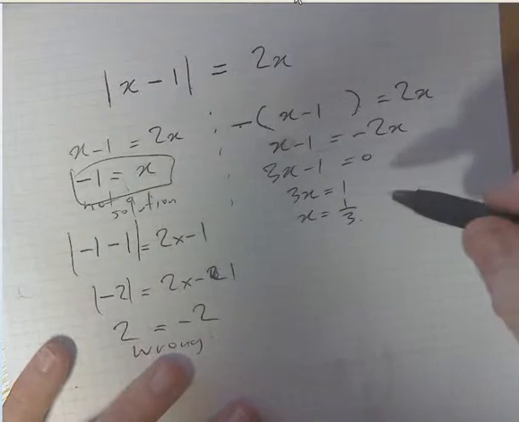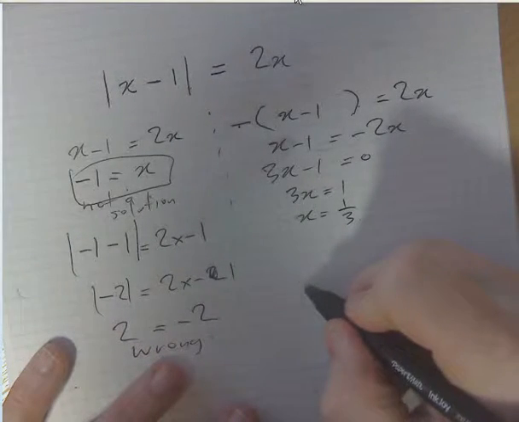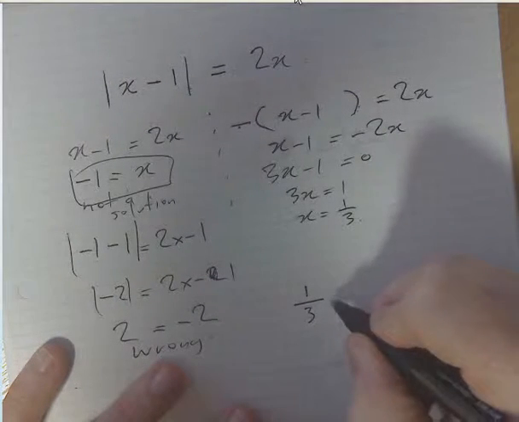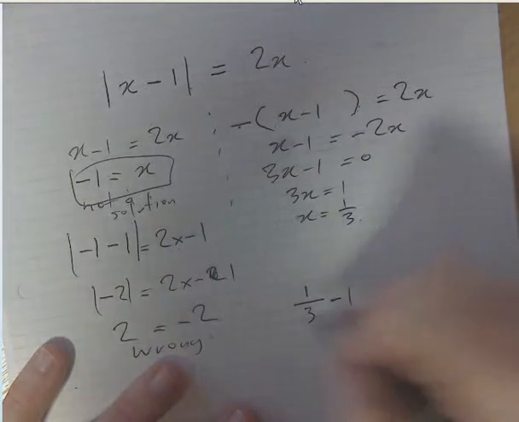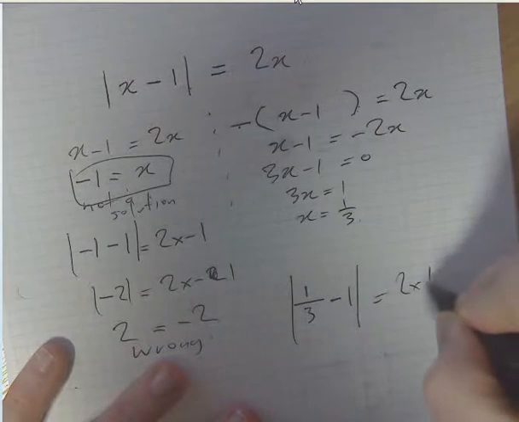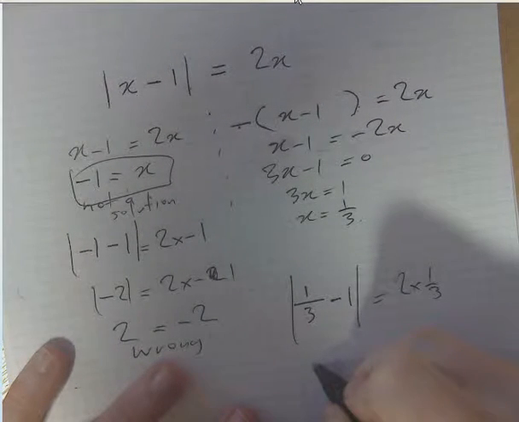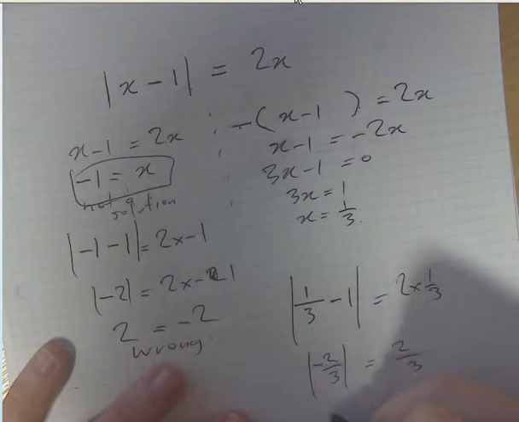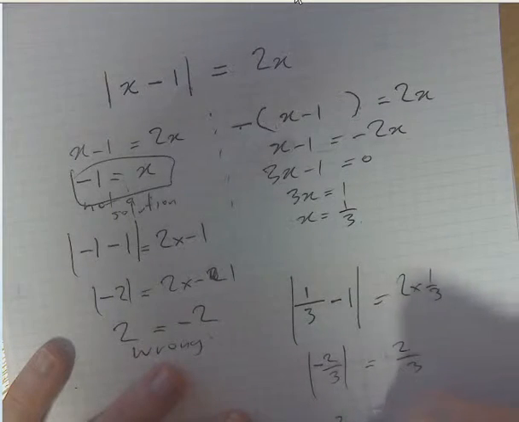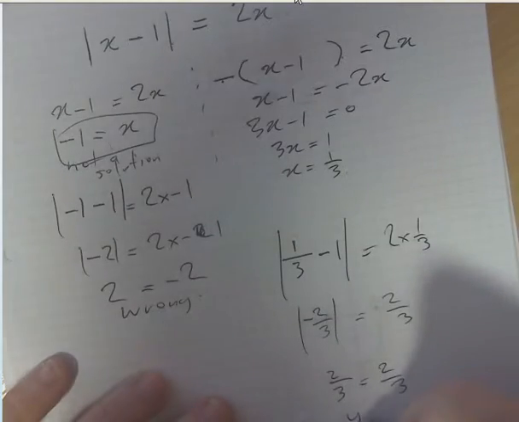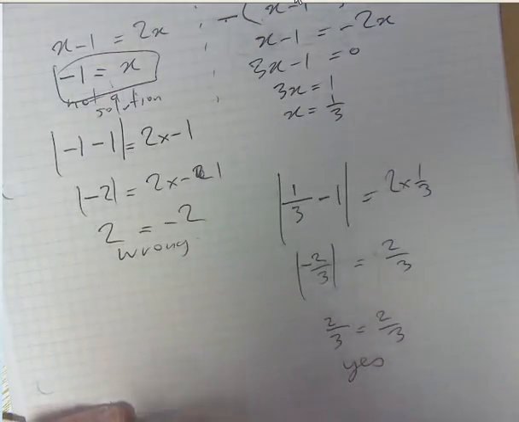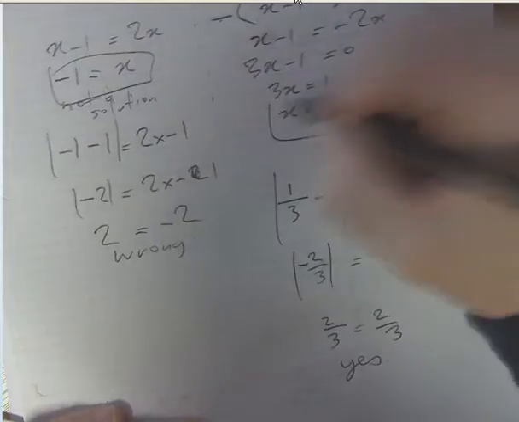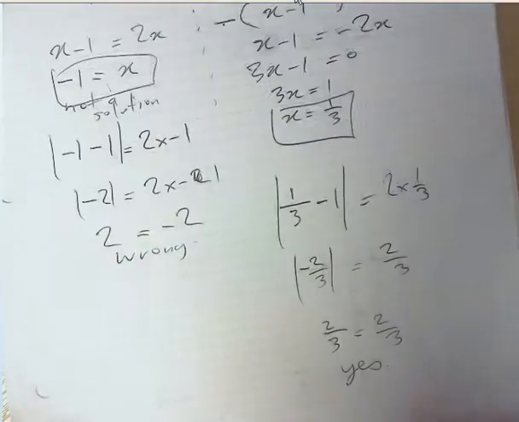And let's check this one. And that one is the case. So the algebra produced 2 solutions, but only one is the case. There's one solution, x equals a third, the other one is not a solution.